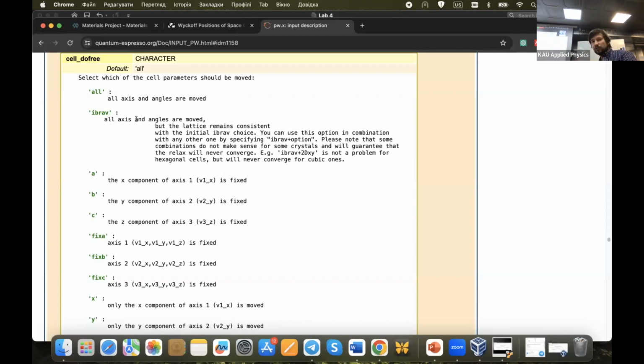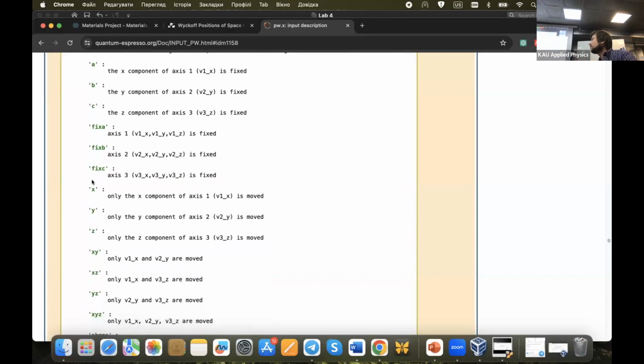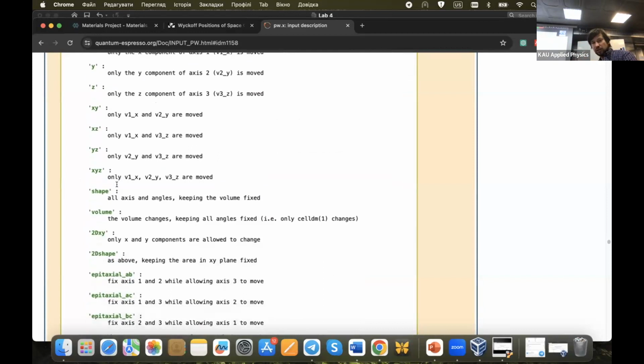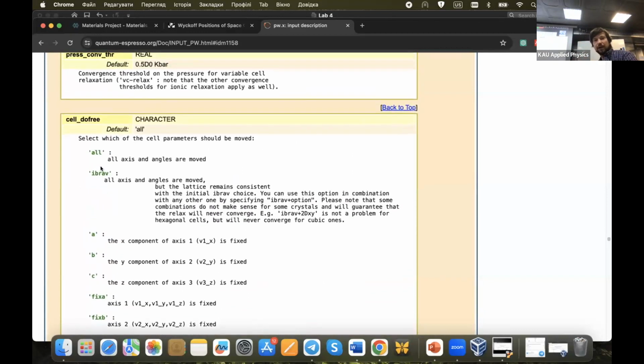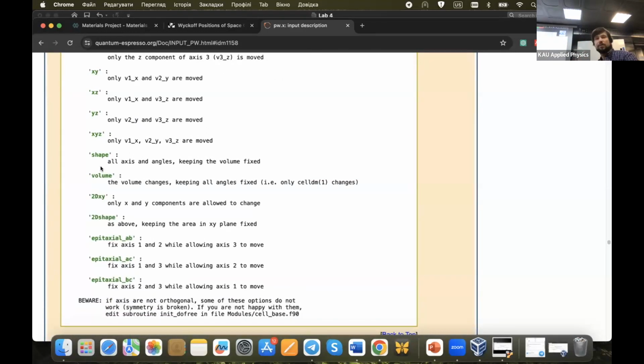If I have hexagonal symmetry, ibrav 4, they will move to satisfy the hexagonal symmetry conditions. I can also say that I want the A, B, or C vector to be changed, or some specific coordinates to be changed, and so on. We will usually use ibrav, and for two-dimensional crystals, which we will work with next time, we will use this 2Dxy, because it will not work with ibrav.